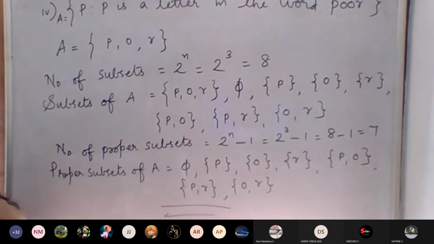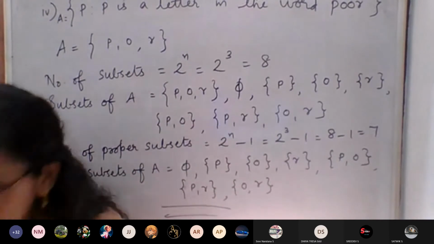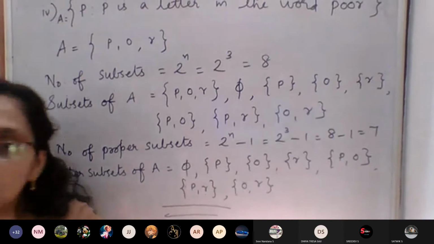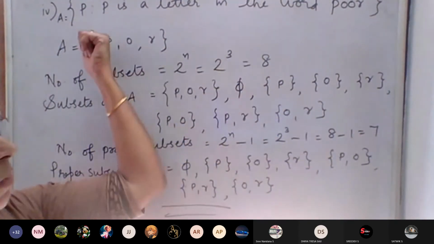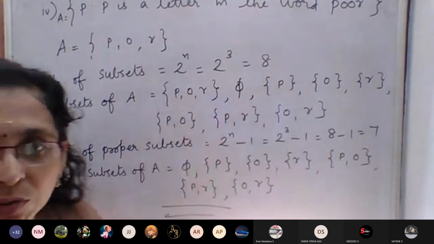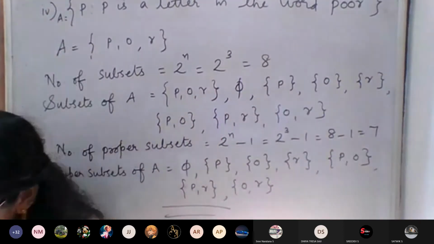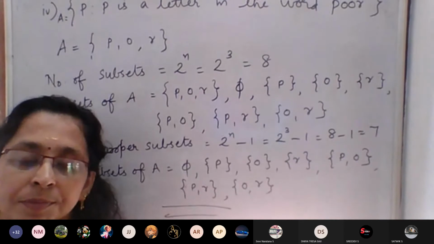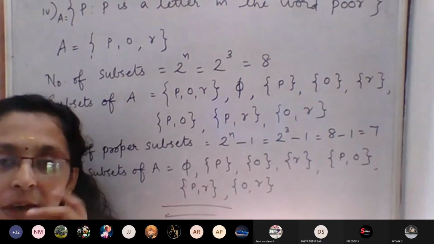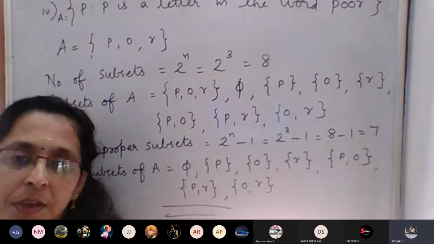A subset of a set A can be equal to A. But a proper subset can't be equal to A. We will not write that set in proper subset.